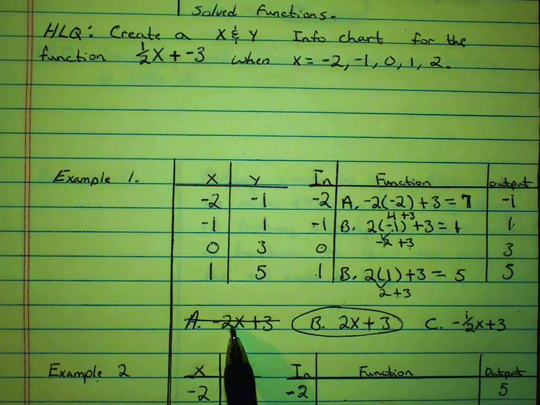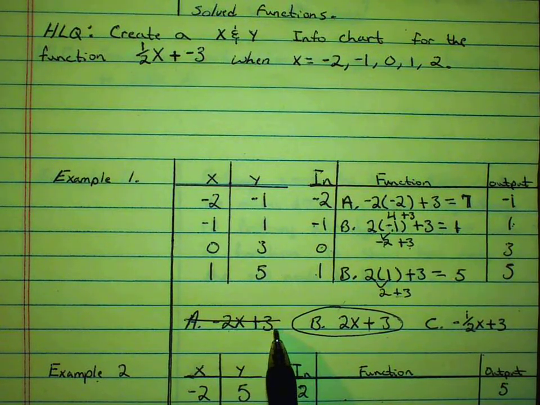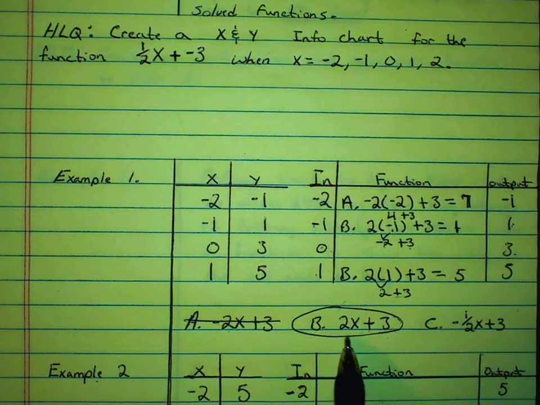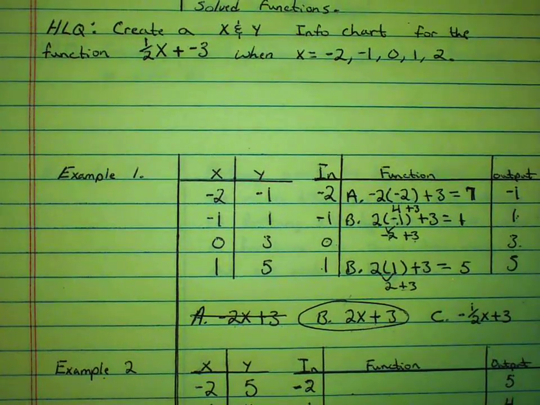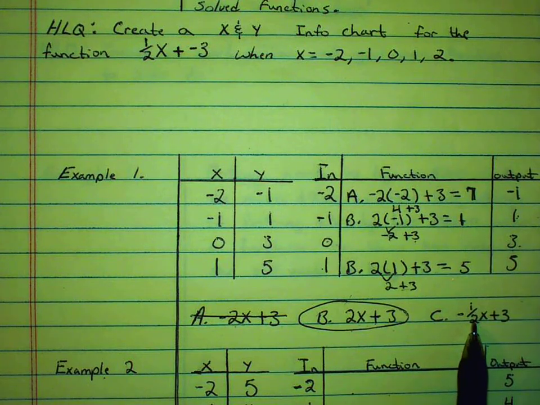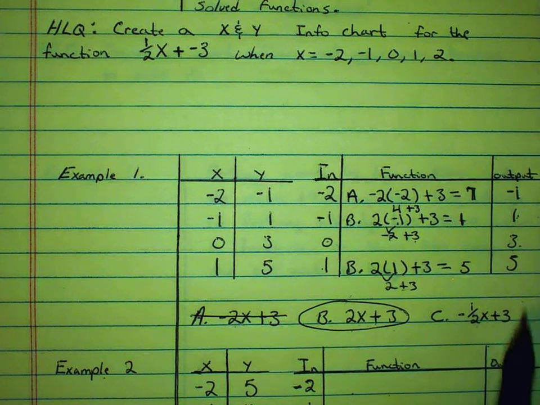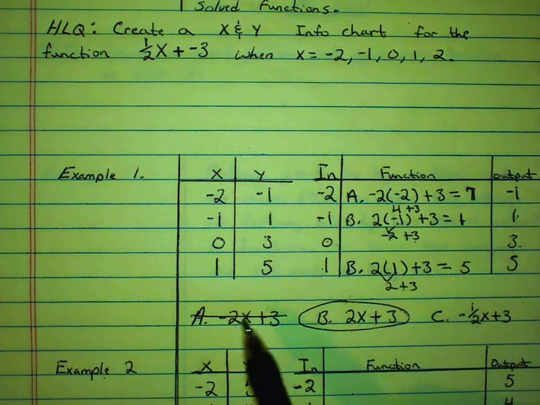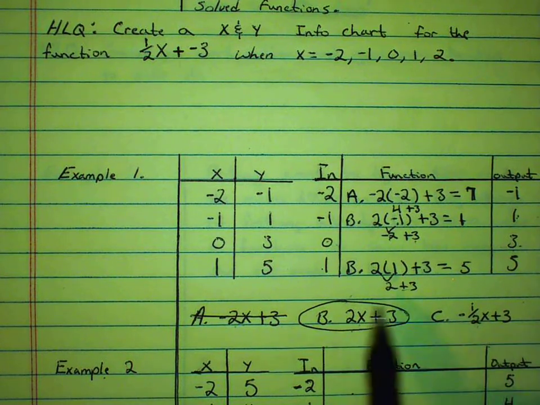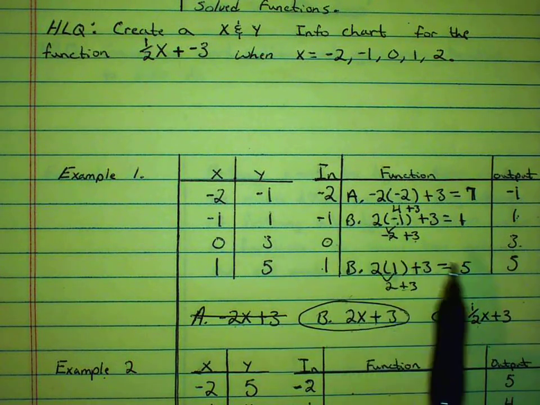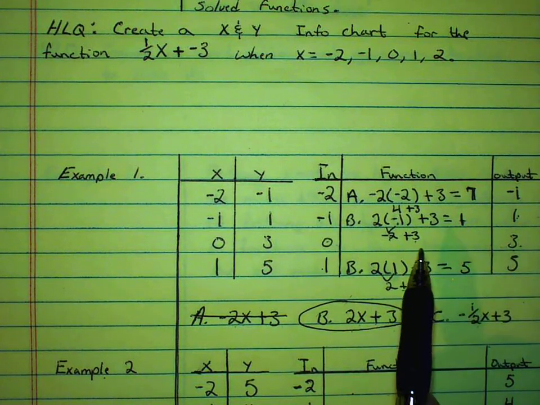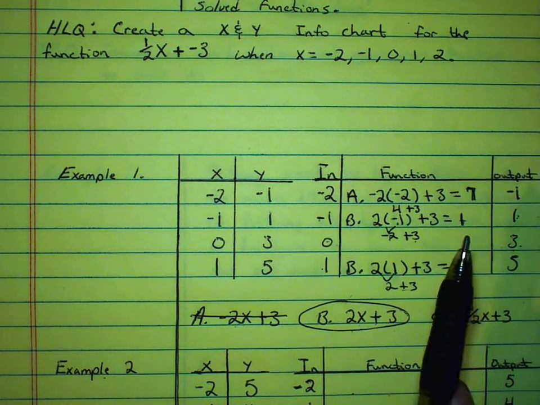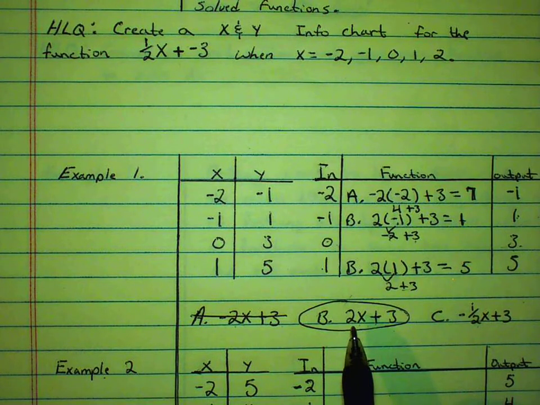Because 0 times -2 is 0, plus 3 is still 3. I put in 0 here, 2 times 0 is still 0, plus 3 is still 3. If I put in 0 here, 0 times a -1/2 is still 0, plus 3. And I hope you guys understand what I'm saying. That any one of these, if you plugged in for 0, will look like it works. However, on any of the other numbers, only B will work.